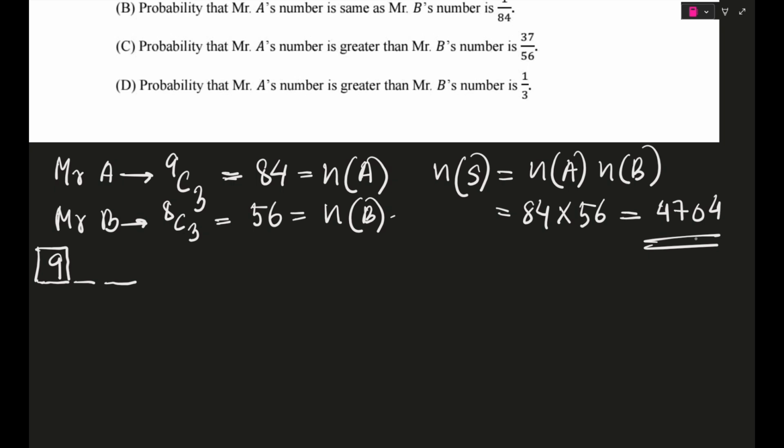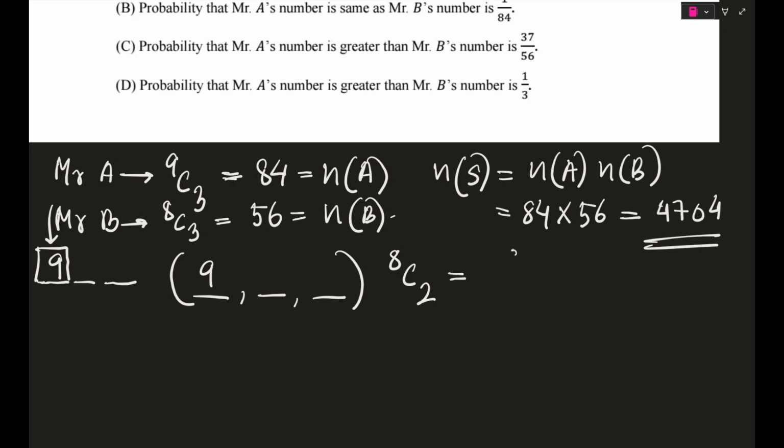That is the maximum number that Mr. B can choose. So in that particular case, Mr. A's number will always be greater if 9 is there, right? So what we need to do is find all sets of three numbers which include 9. 9 will obviously occupy one position, and now the rest two unoccupied positions in the set we have to select amongst the numbers 1 to 8, because those numbers are included in A as well as B. That can be done in 8C2.